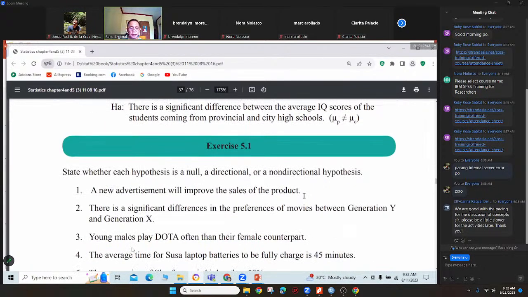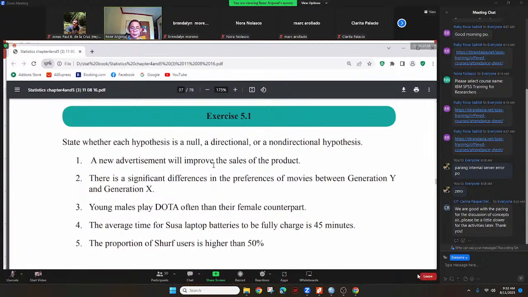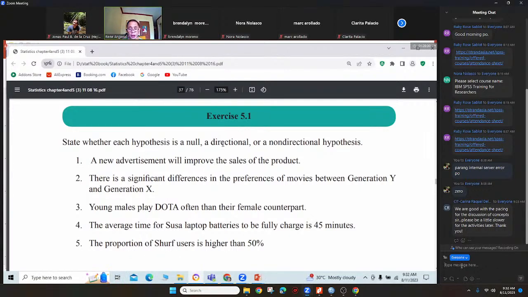Okay. For example, state whether each hypothesis is null, directional, or non-directional. Number 1, a new advertisement will improve the sales of the product. So will improve, that is directional.